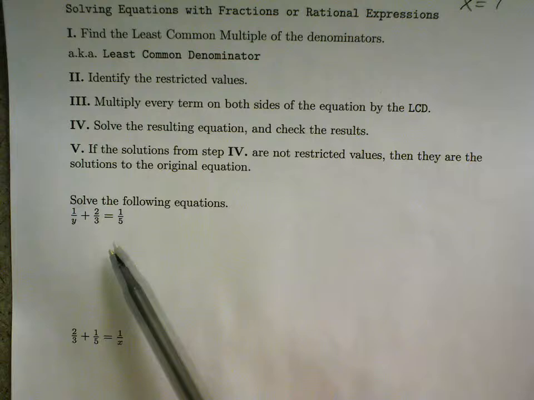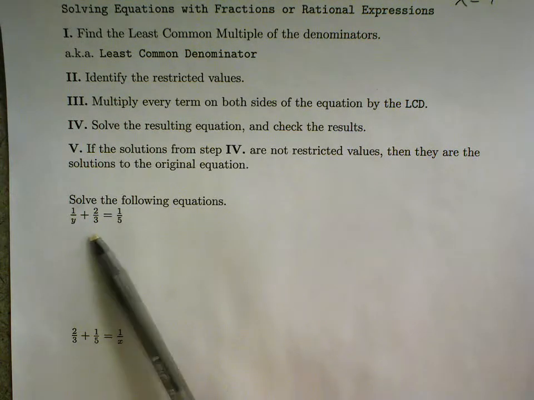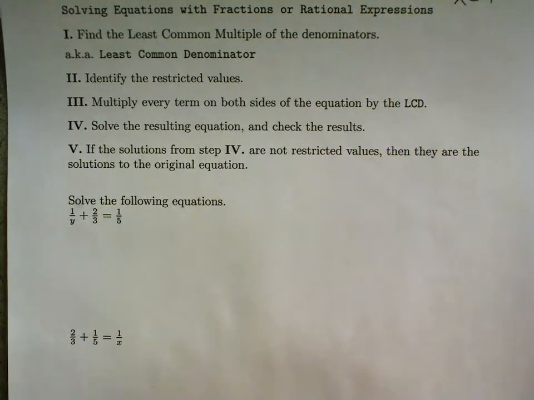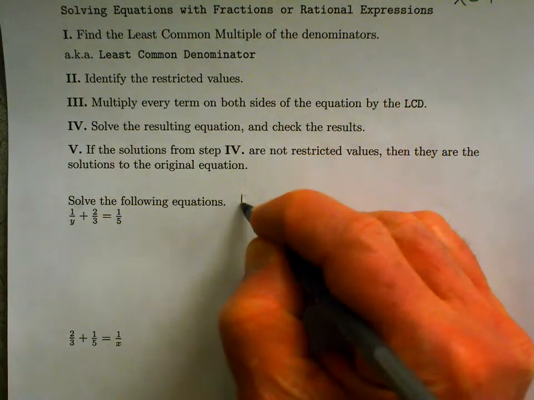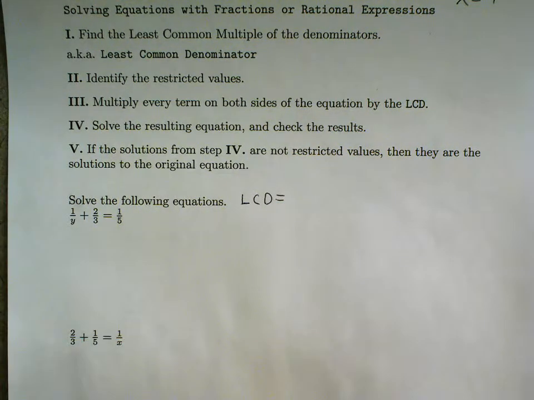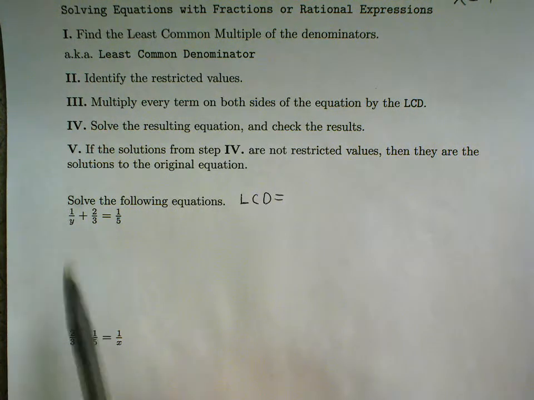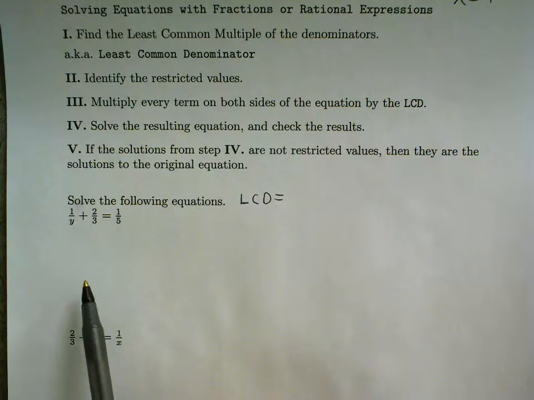Okay, we'll try this on this next equation. Solve this equation for y. 1 over y plus 2/3 equals 1/5. The least common denominator. So what is the least common multiple of the denominators? So someone type that in.